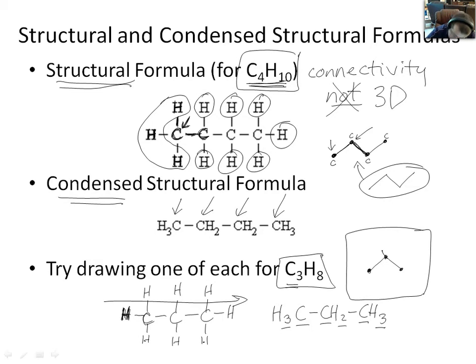So if I go back and give each one of these 4 bonds, I can fill in the H's, and in this skeletal formula that I just filled in, this is C3H8. The skeletal formula, though, is just 2 lines joined like that, and every endpoint and every point where lines meet represents a carbon.